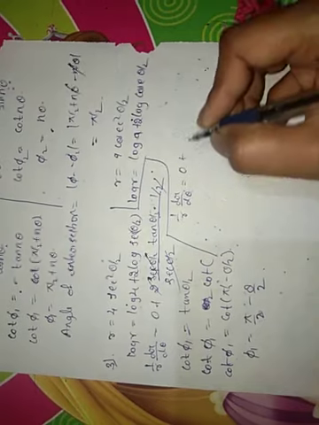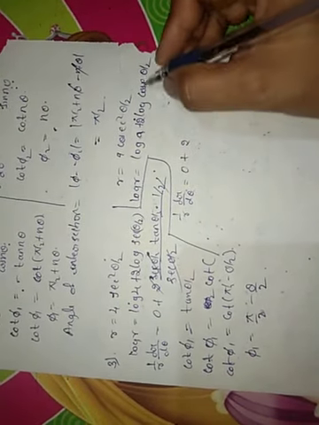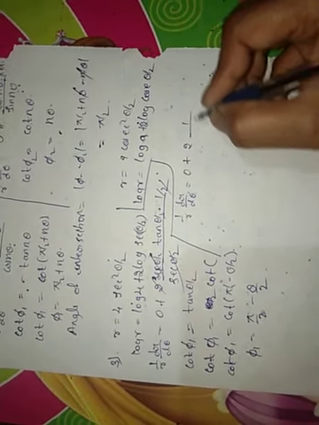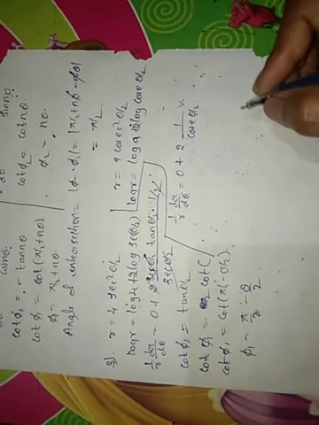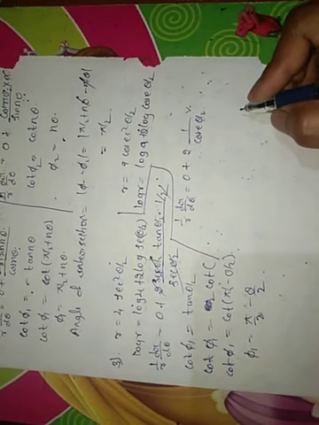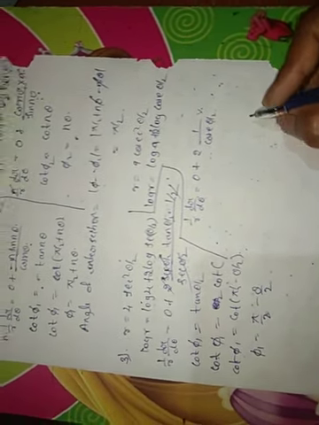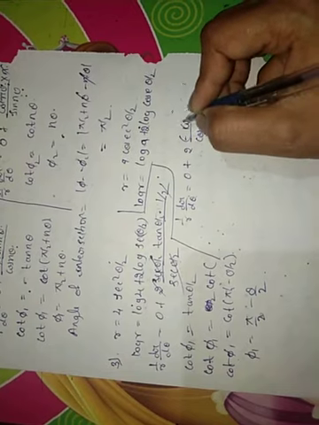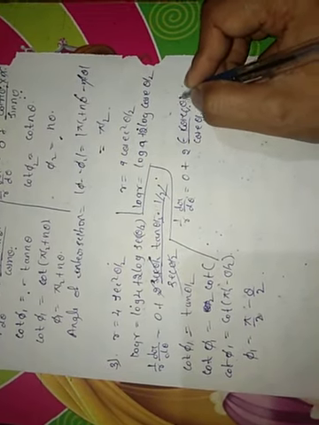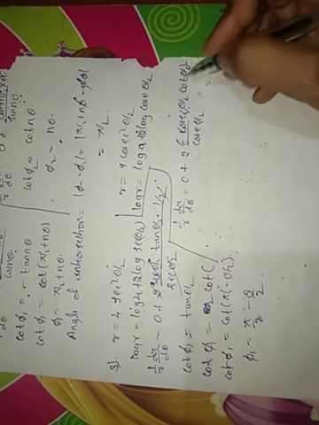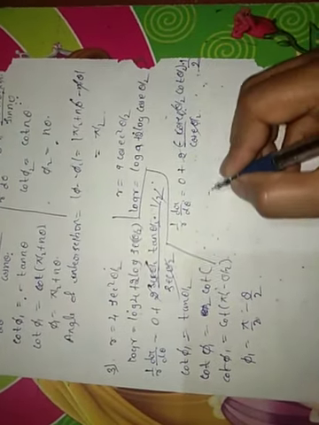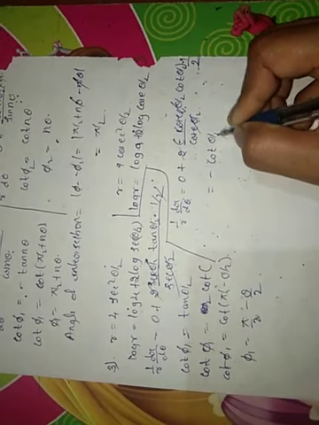The derivative of log 9 is 0, plus 2 into 1 by cosec theta by 2 into the derivative of cosec, which is minus cosec into cot. So minus cosec theta by 2 into cot theta by 2 into the derivative of theta by 2, which is 1 by 2. The 2 cancels, cosec cancels, leaving minus cot theta by 2.